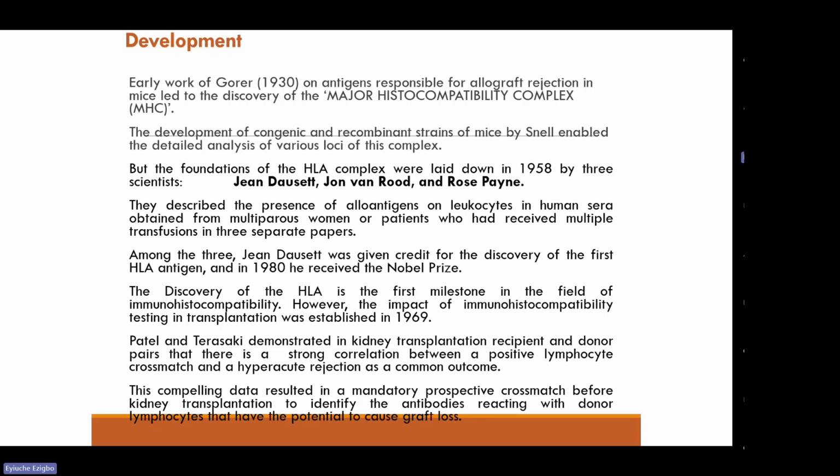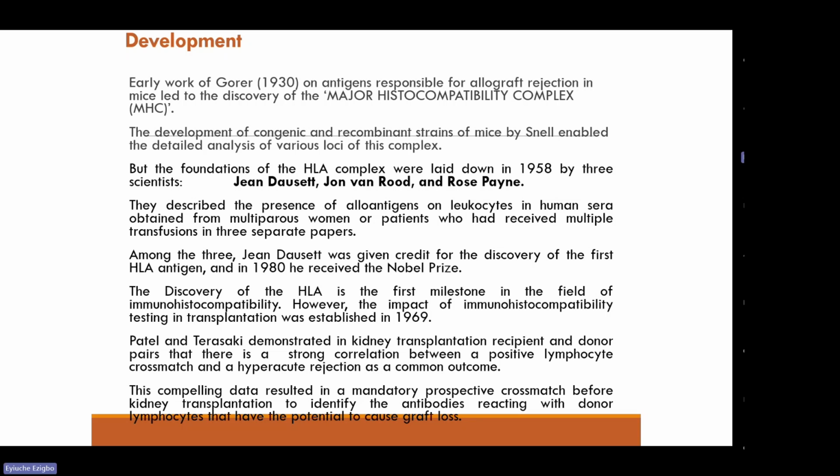They discovered these alloantigens on their leukocytes because they had been exposed to the immunological responses of pregnancy and multiple blood transfusions. So they refer to this complex as the human leukocyte antigens.